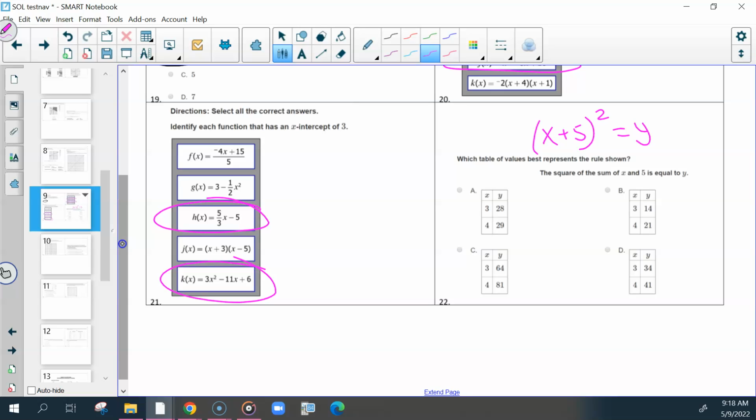And then algebraically, if we wanted to, we could put 3 in, see what we get for y, and then put 4 in and see what we get for y. Or if you're using Desmos, you can put this in, make a table, put in the values of 3 and 4 and see what you get, which is what I did.